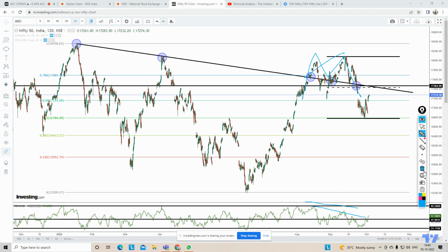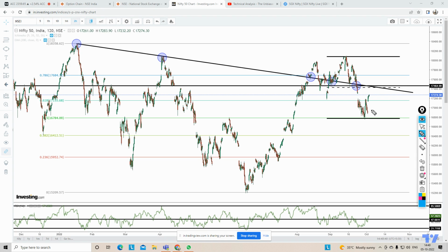So it could not succeed to breach this top. Then when Nifty broke this resistance-come-support trend line, it broke with a gap, and the gap has been filled as of now, correct? So these are the areas which we have discussed so far.